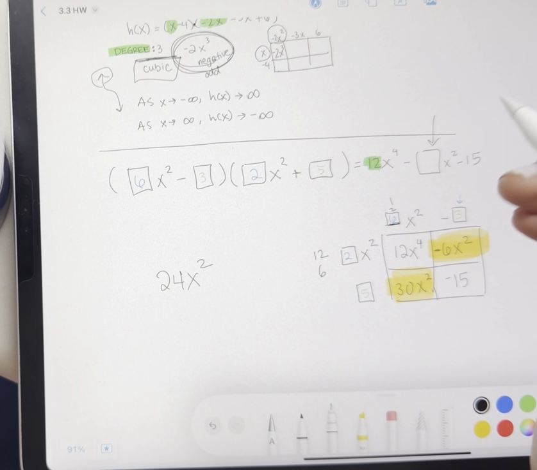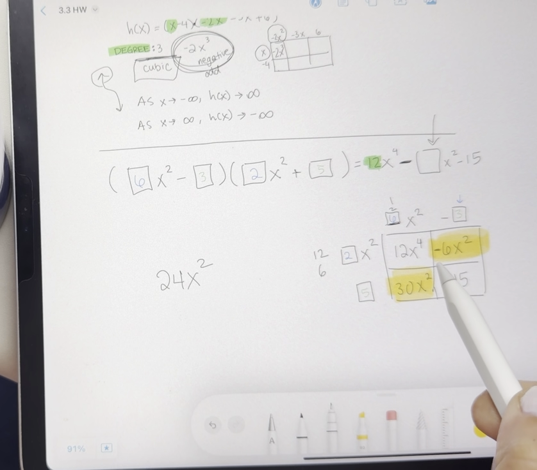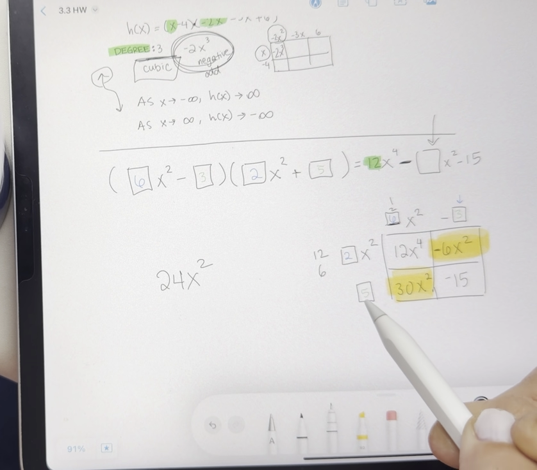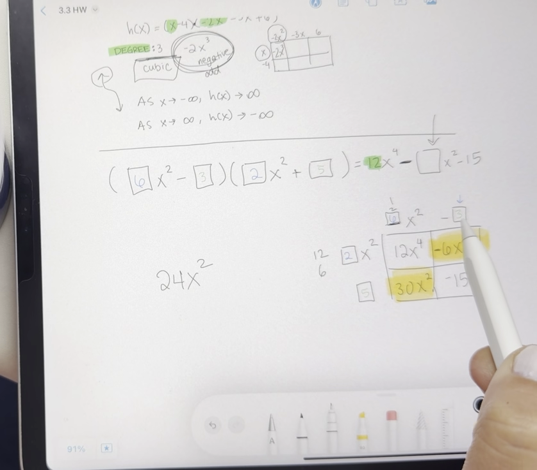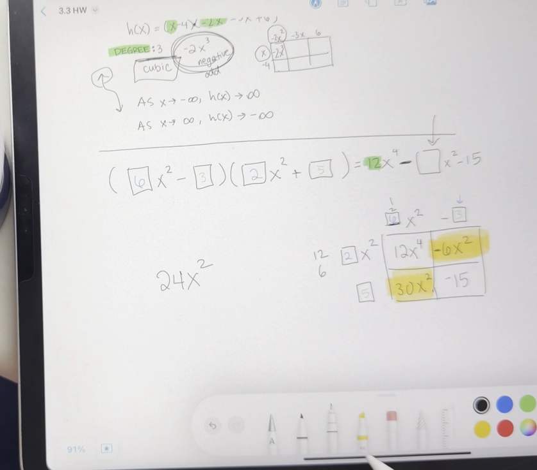But look at this. Look at that negative they put right there. They wanted that to come out negative. That means, see how that 6 was negative, but it wasn't strong enough? Yeah. That means I should change my 5 and 3. I should put the stronger negative number here. Does that make sense?